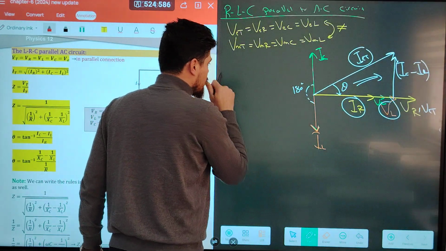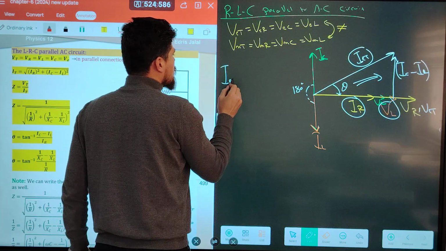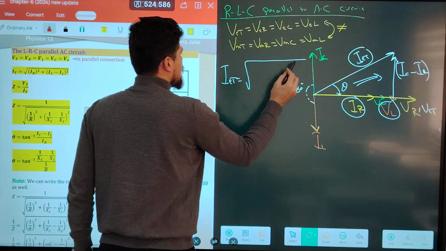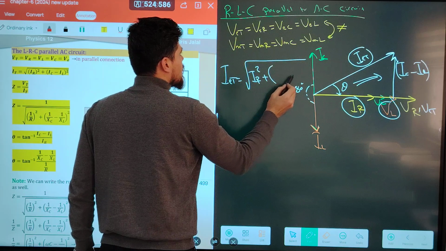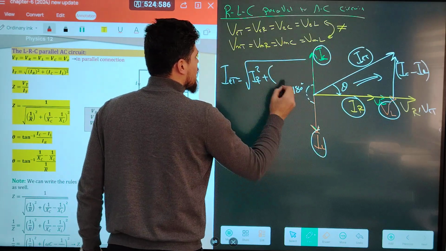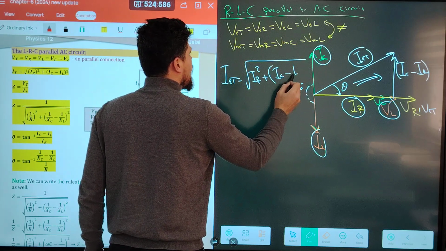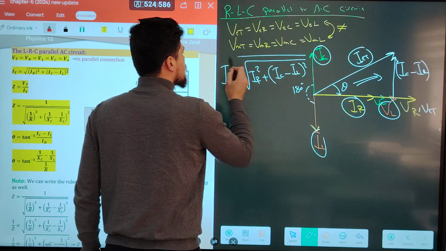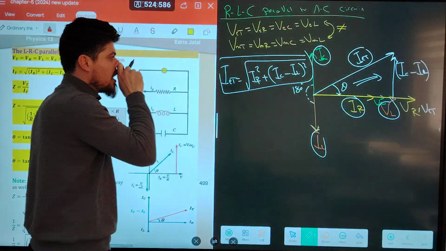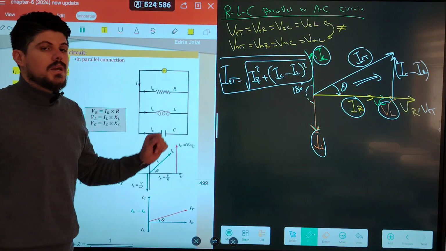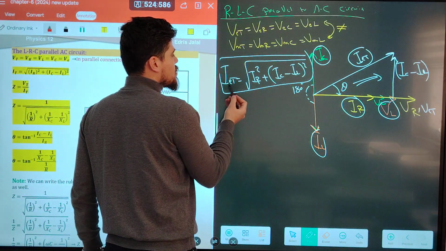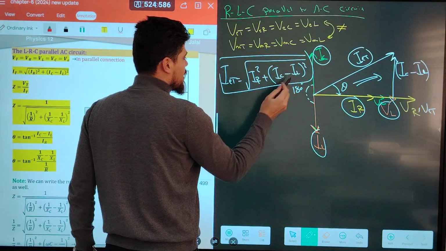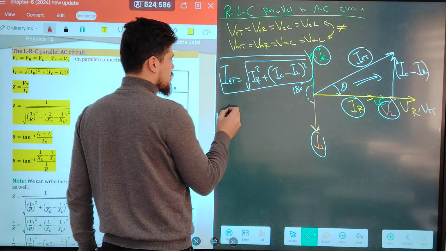By using Pythagorean theorem, guys, IE total is equal to the square root of IR squared plus (IC minus IL) squared. Be careful: IC minus IL, squared. This is the equation to find IE total. When IR, IC, IL are given in the question, you can use this equation by using Pythagorean theorem in order to find IE total.